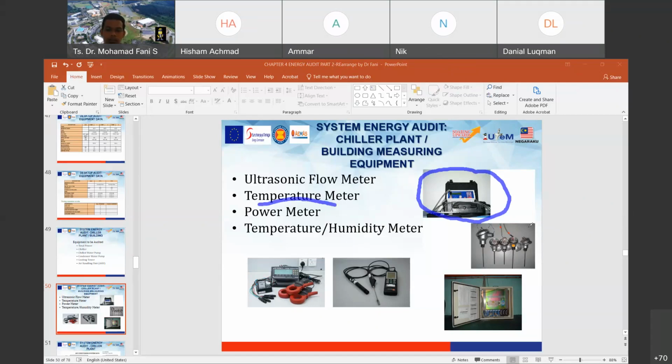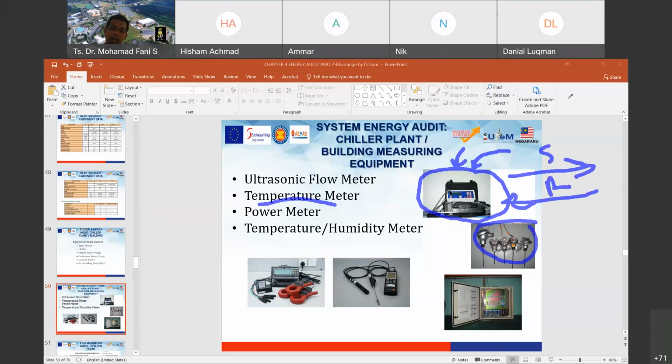Temperature meter: at least you need to prepare a temperature logger, because during the logging of the chilled water flow rate, simultaneously you need to put a temperature logger on the chilled water supply and chilled water return.